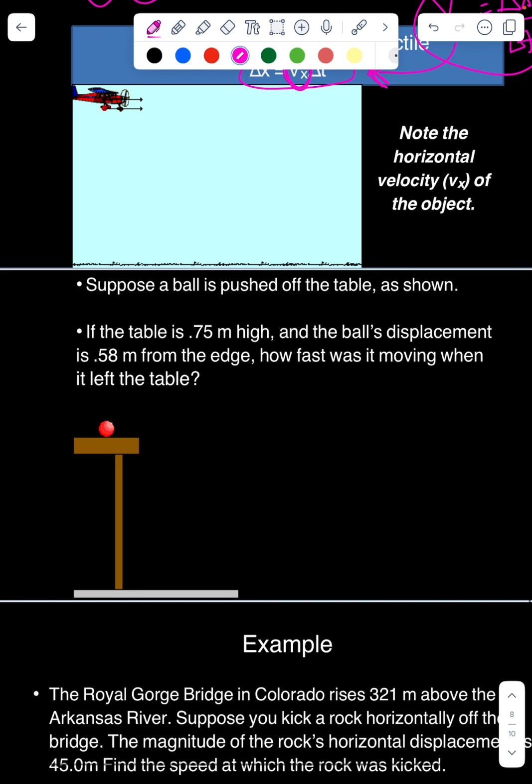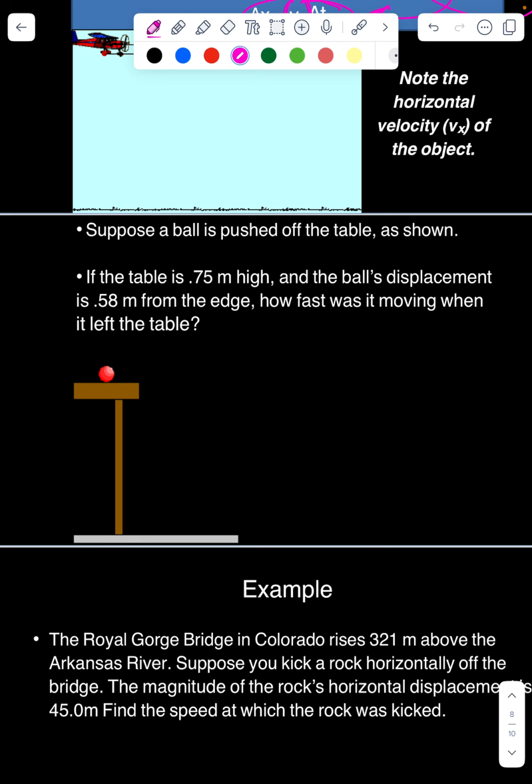So let's do our first example here. Suppose this ball is pushed off of this table. That means that it was launched horizontally and it's going to land on the floor. The table is 0.75 meters high.